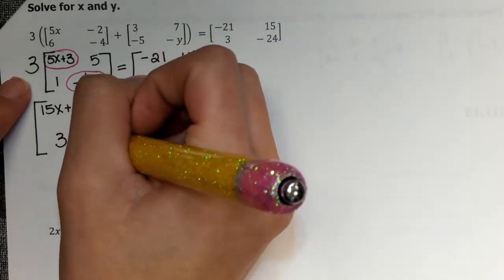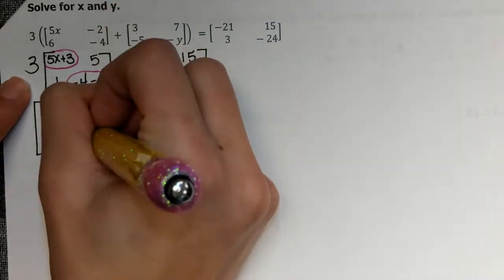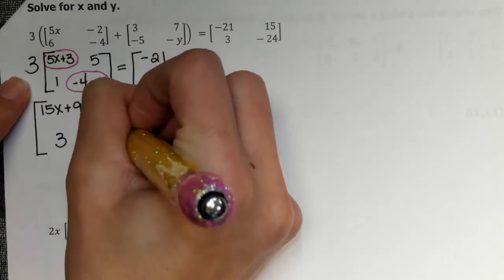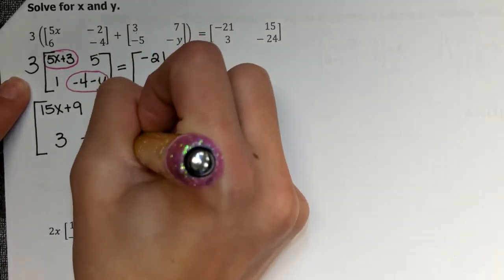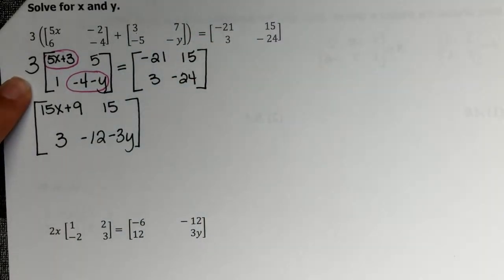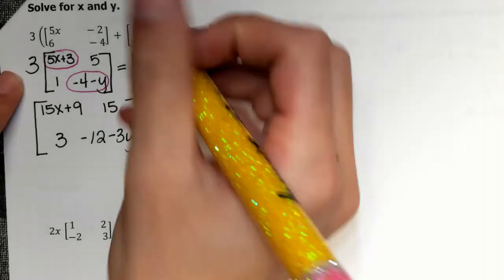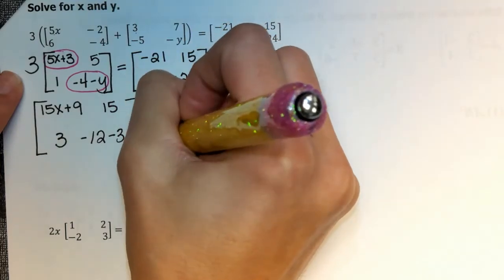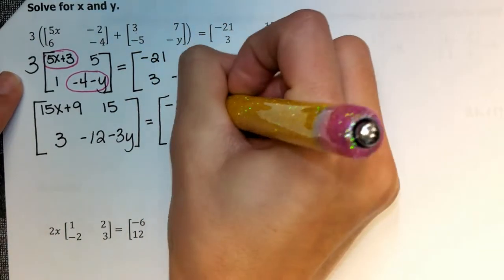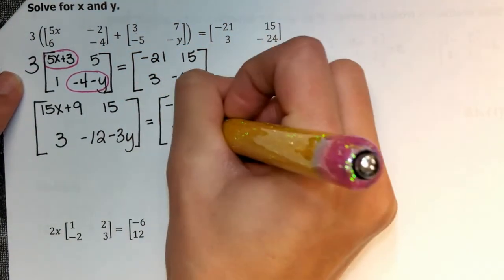You're multiplying. So negative 12 minus 3y. Equals my negative 21, 15, 3, and negative 24.